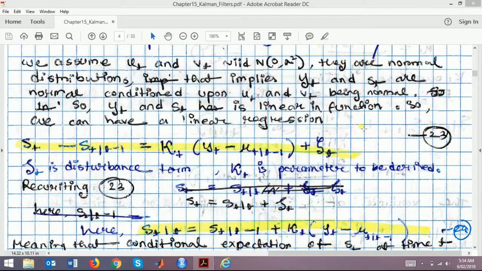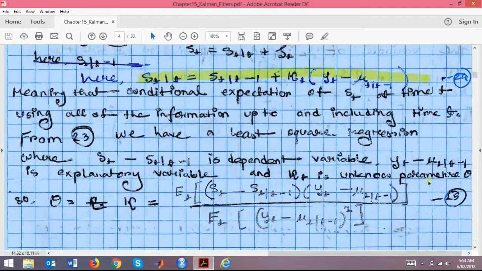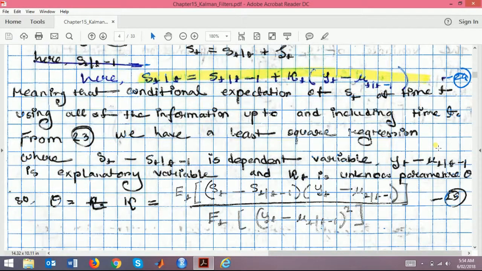And we can simply solve kappa if we consider s1 minus s1 0 on the left hand side to be capital Y, and on the other hand kappa y1 minus mu1 0 to be capital X, which are dependent and independent variables. We can simply find the parameter kappa with regular estimation technique, which is simply the covariance of s1 minus s1 0 multiplied to y1 minus mu1 0 divided by the variance of y1 minus mu1 0 squared.